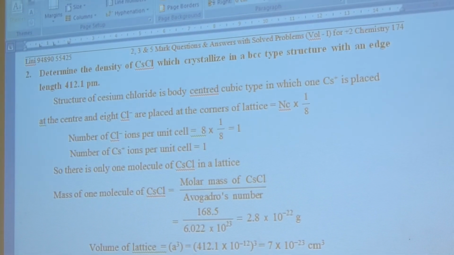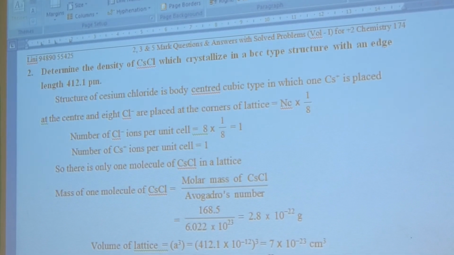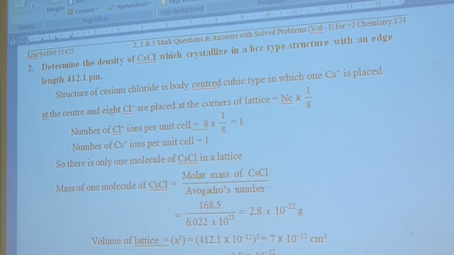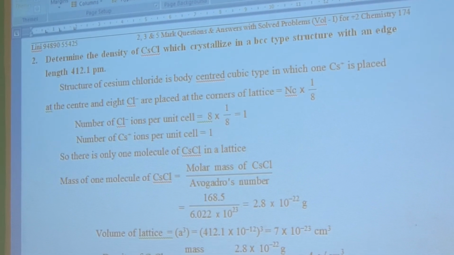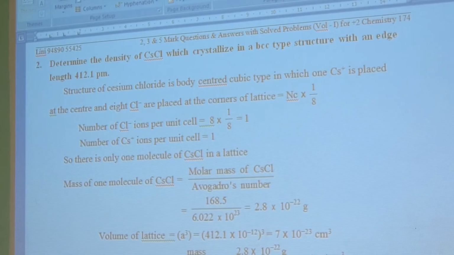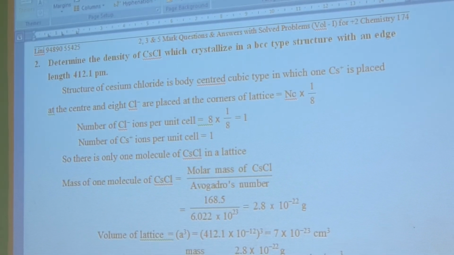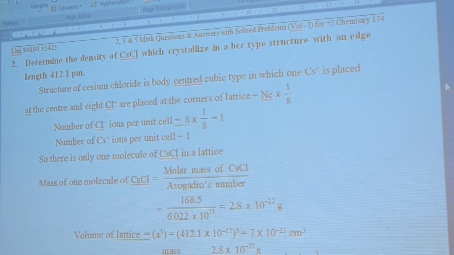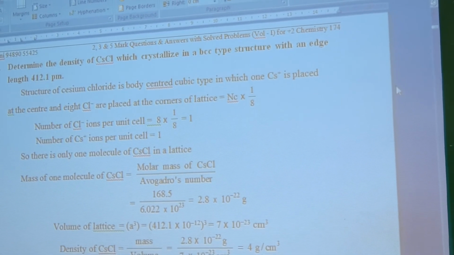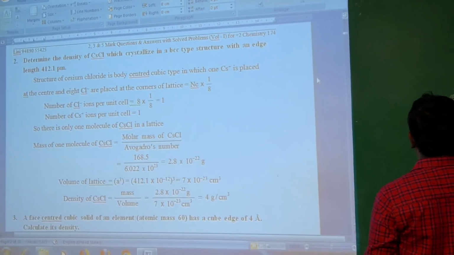How? In the cube, at the center of the cube, a cesium atom is present. At all the 8 corners, chloride ions are present.